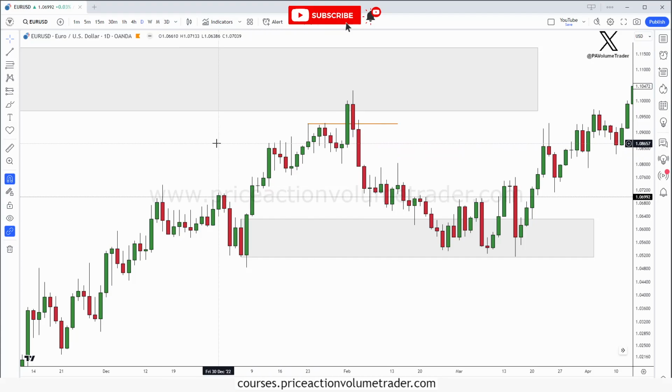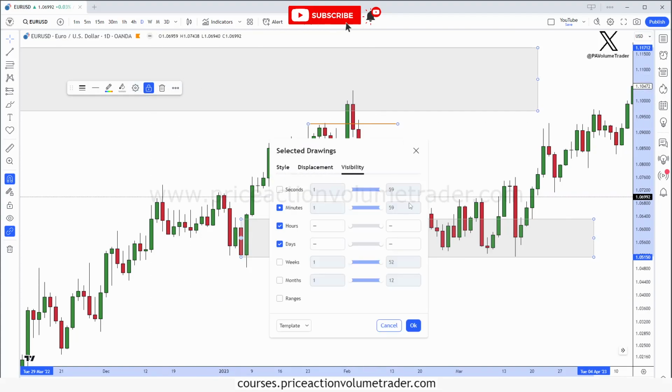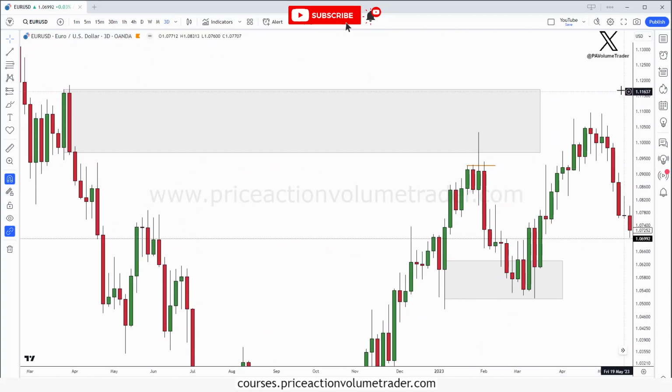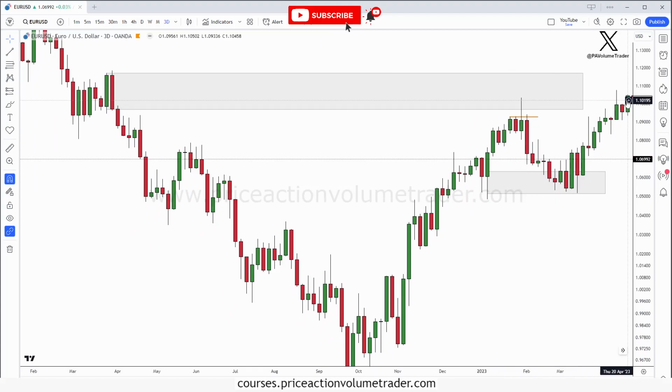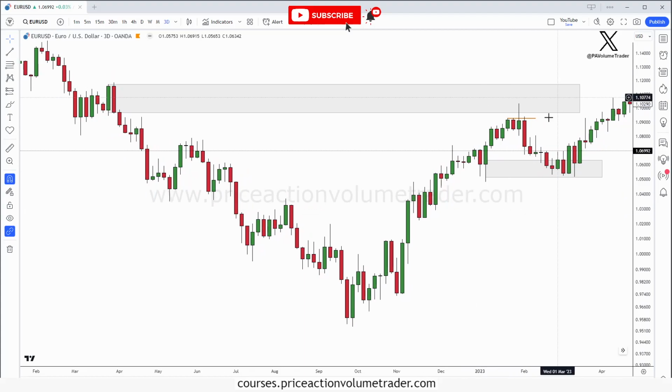If we see this, for example, let me mark all these things, and if we enable this on a 3-day time frame, you can clearly see a sweep here. However, obviously, if you just keep switching and switching time frames, there's going to be some time frame where you're going to find this to be just a wick.